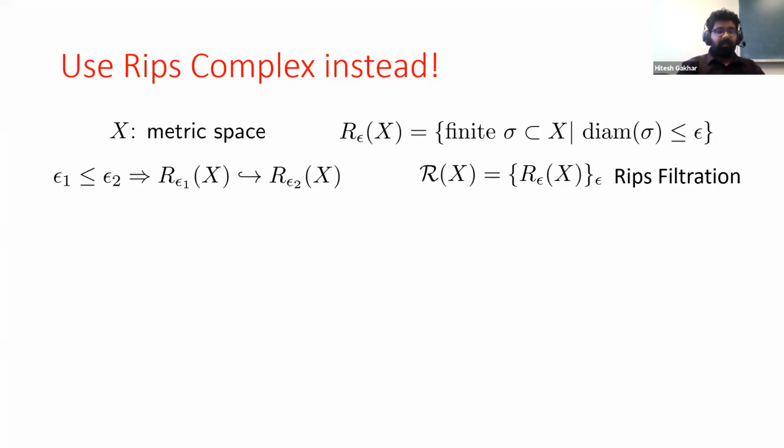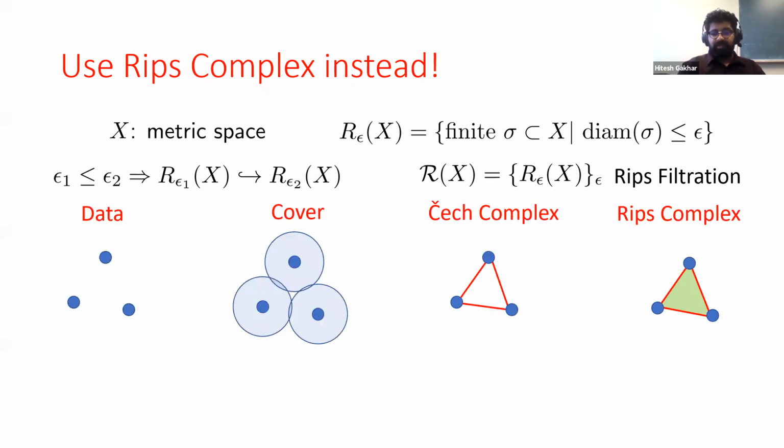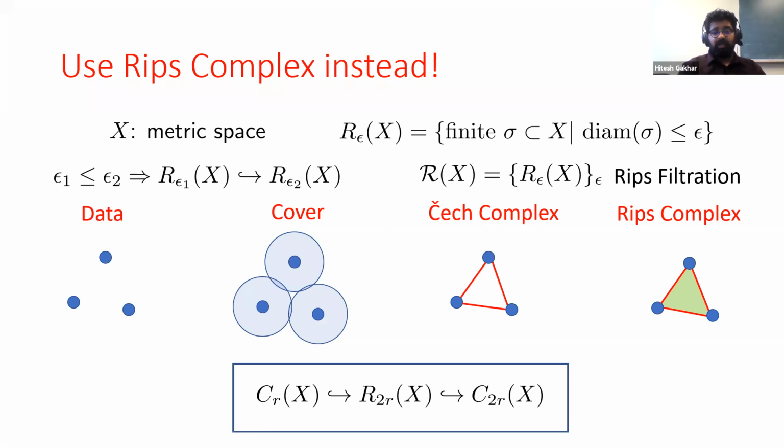For any two epsilons, the Rips complex of X with the smaller epsilon is contained in the Rips complex of X with a bigger epsilon. That gives us a filtration, and then we can compute its persistence.